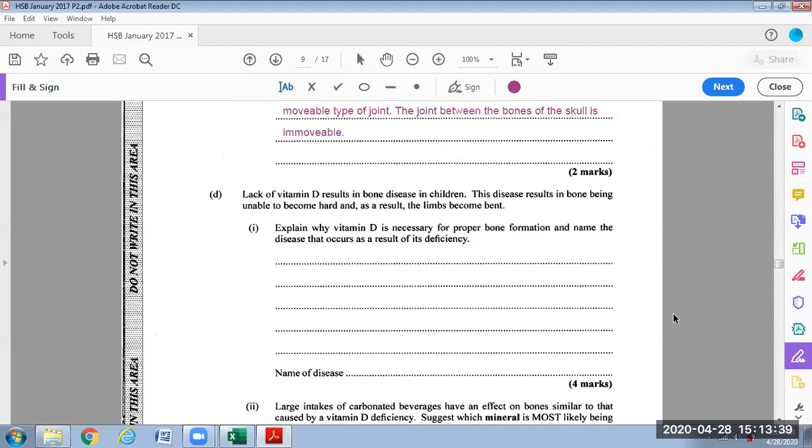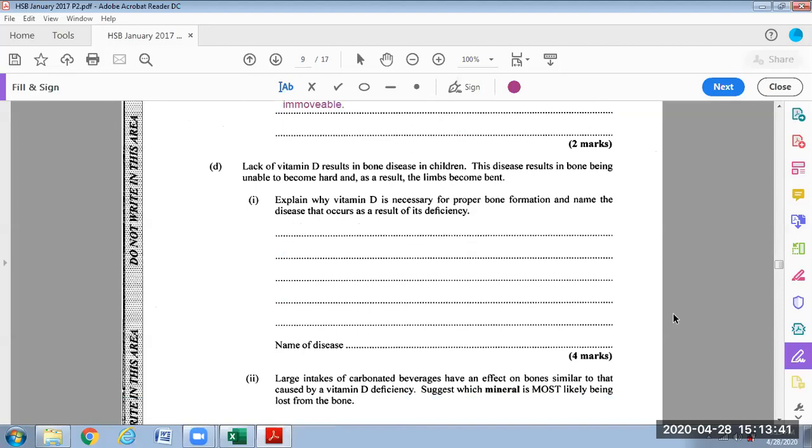Lack of vitamin D results in bone disease in children. This disease results in bone being unable to become hard, and as a result, the limbs become bent. Explain why vitamin D is necessary for proper bone formation, and name a disease that occurs as a result of its deficiency. Vitamin D is necessary because without it, our bones will get weak, and also our bodies cannot absorb calcium, which, yes. So Sophia's answer is correct.